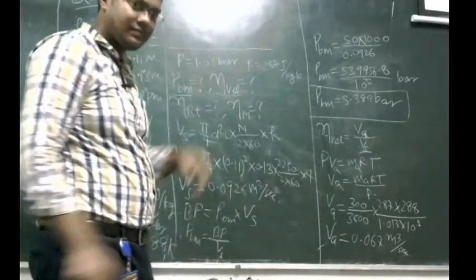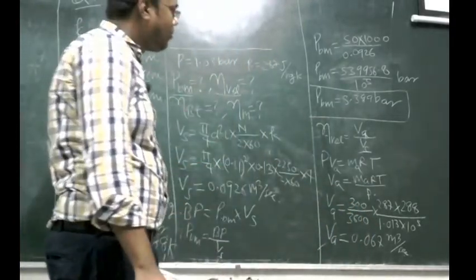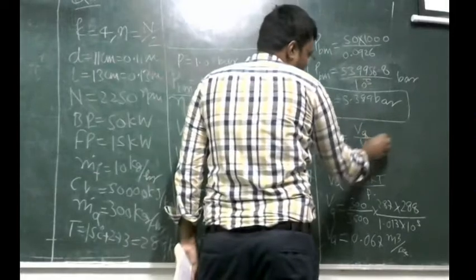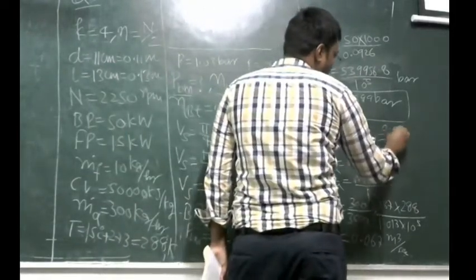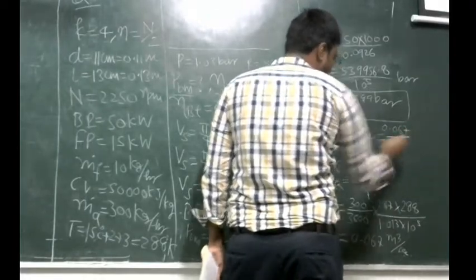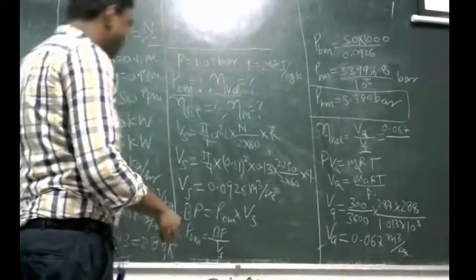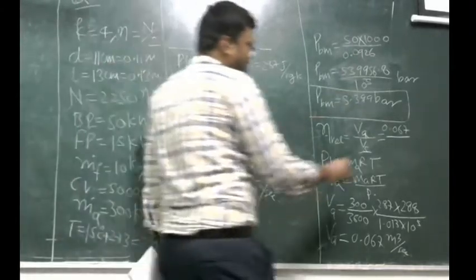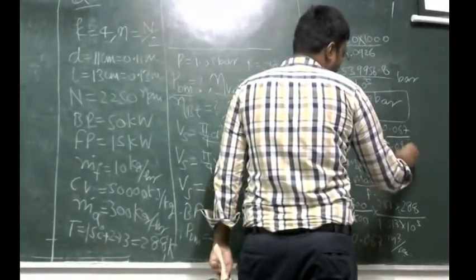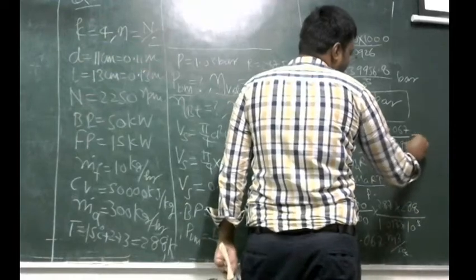Okay. Now put the value here. Now we know the value of Va. Va is equal to 0.067, and Vs is equal to 0.0926. So we get the answer here.